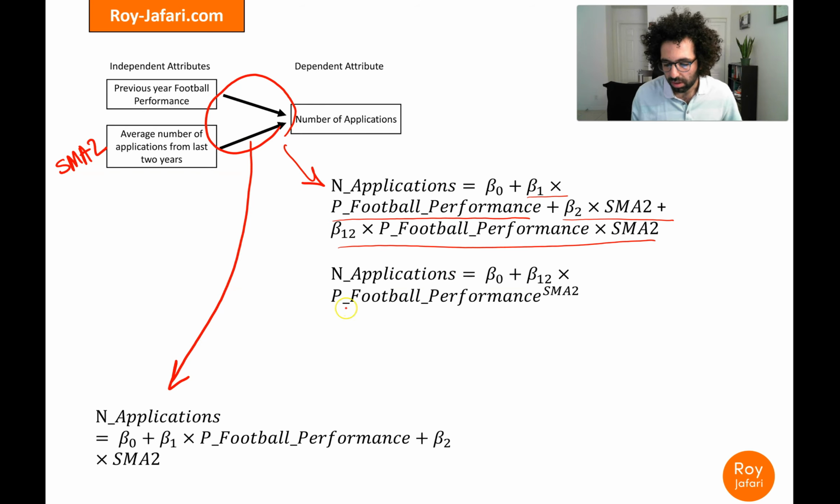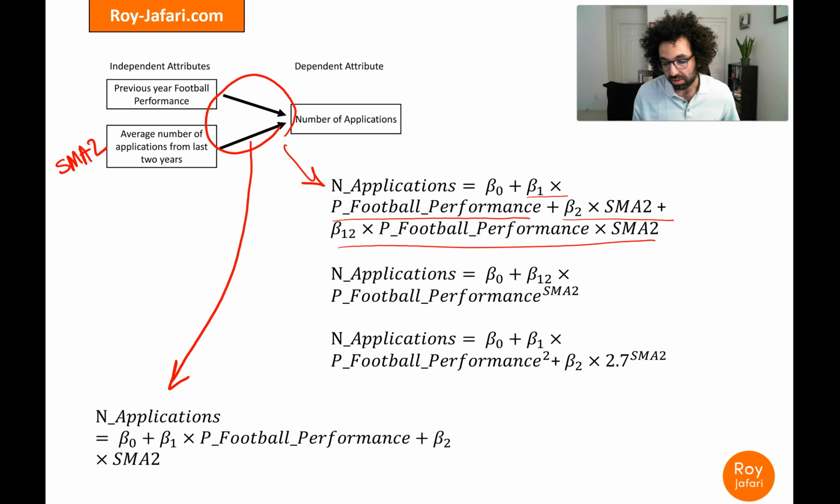I mean, we have previous football year performance power to the simple moving average by 2 years. Or we could have had another one. We didn't need to include the interaction. We could say, okay, previous football year performance power to 2. So it's just itself. There is no interaction, but it's not linear.